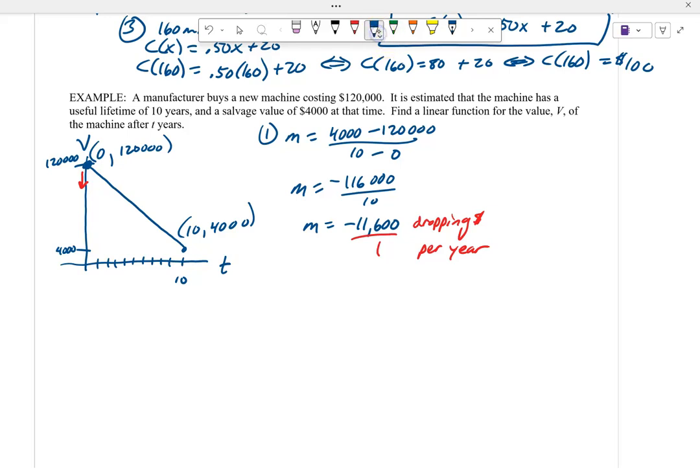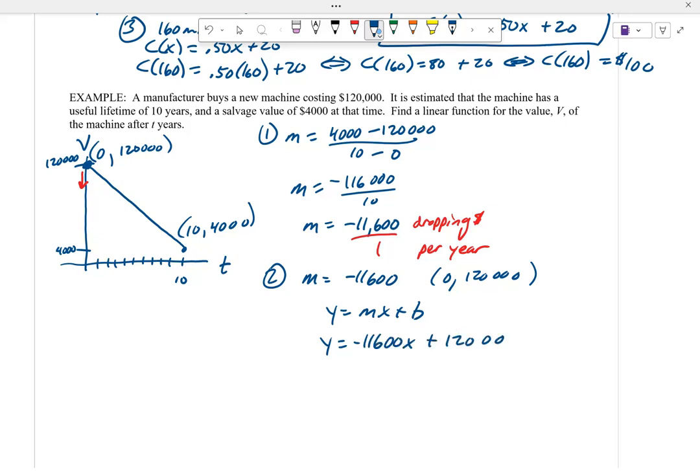We want to find the linear function, so we take our slope, we take one of the points, and we can write it in. You can use point slope, or you know what? That's our y-intercept anyways. Let's just throw it right in. Negative 11,600x. Our y-intercept is 120,000.